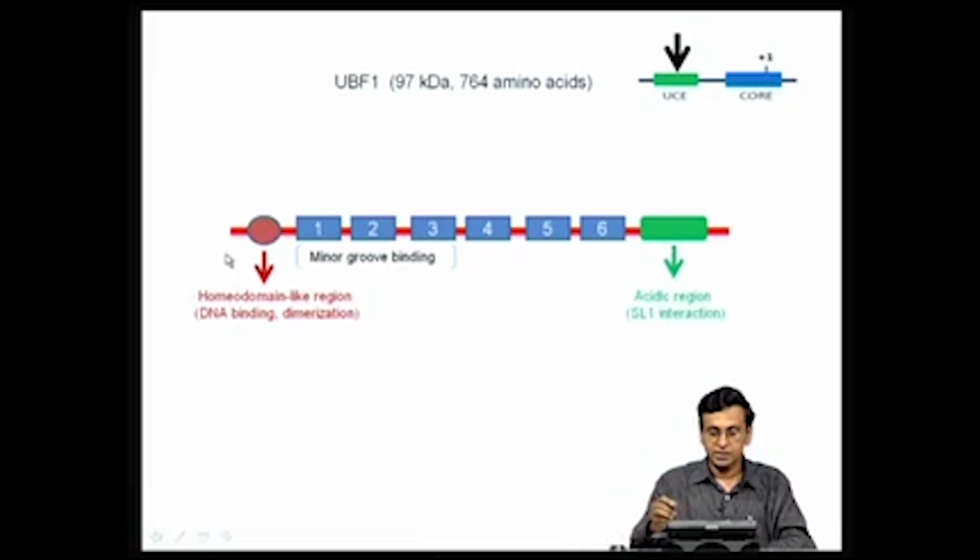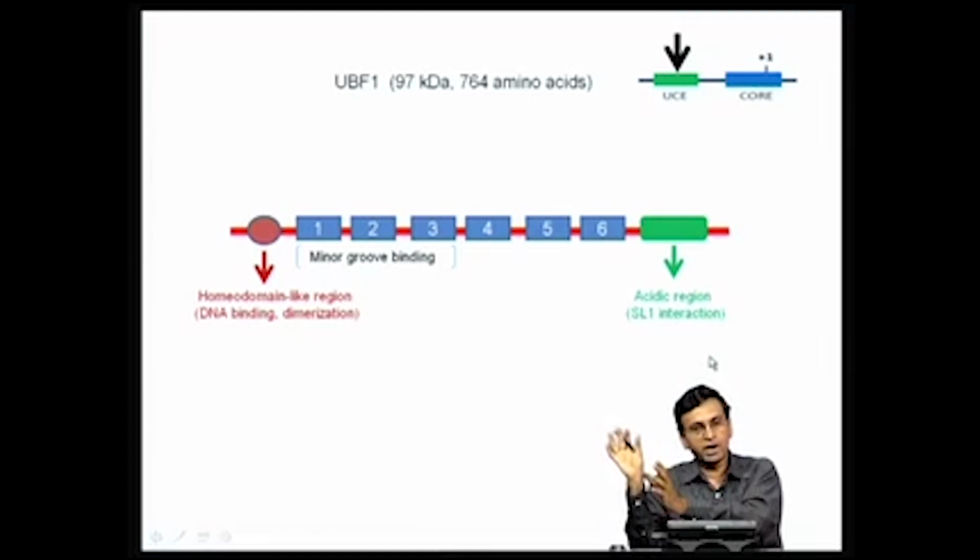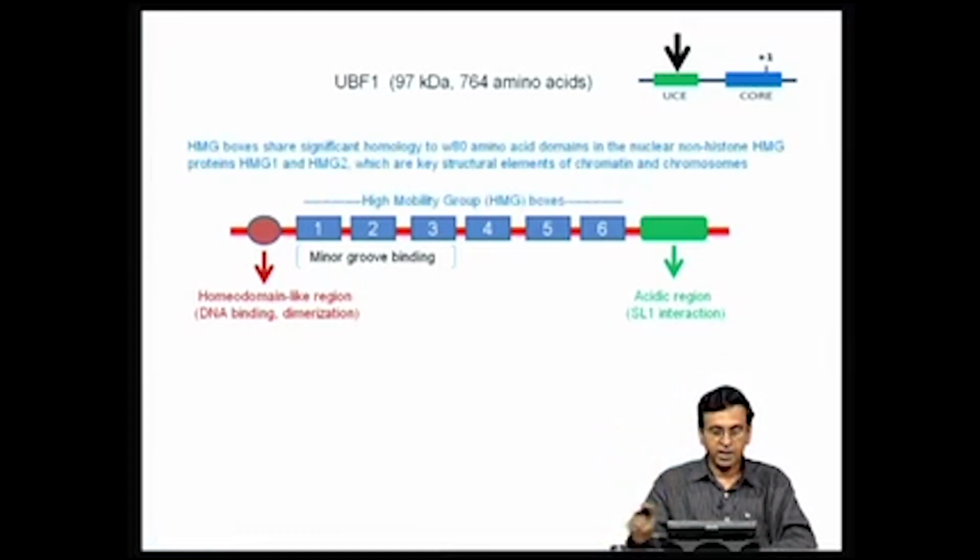Toward the C terminus, it contains a highly acidic region, that means it is rich in glutamic acid and aspartic acid, and this region is involved in interaction with the core binding factors, namely the SL1 factors. In addition, it contains a number of regions called high mobility group boxes, or HMG boxes. What are these HMG boxes?